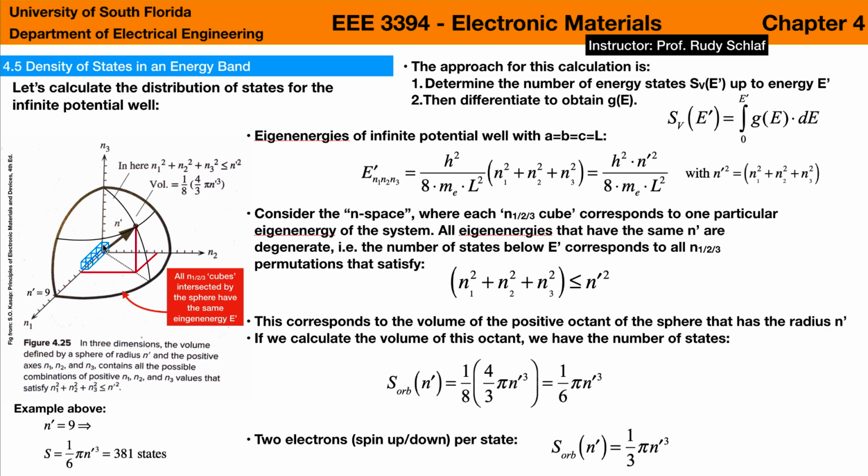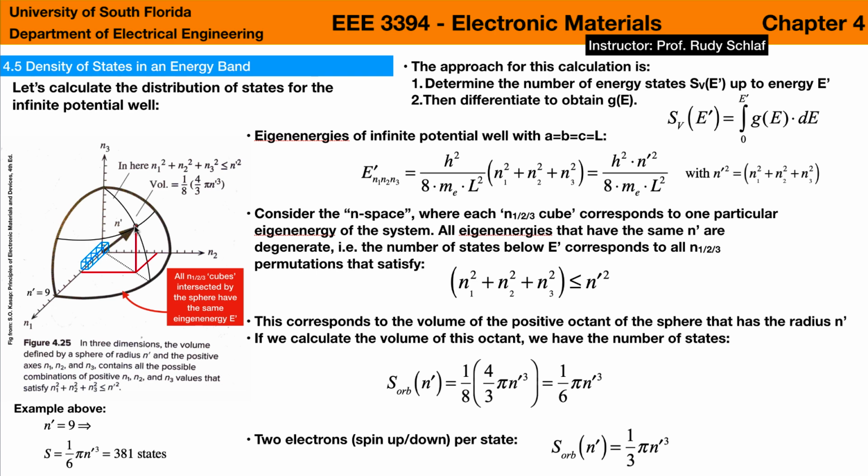So each cube that we can define with one combination of these three quantum numbers corresponds to one of the eigenenergies. Since this is a cube, all combinations of n1, n2, and n3 that yield the same radius here have the same energy.